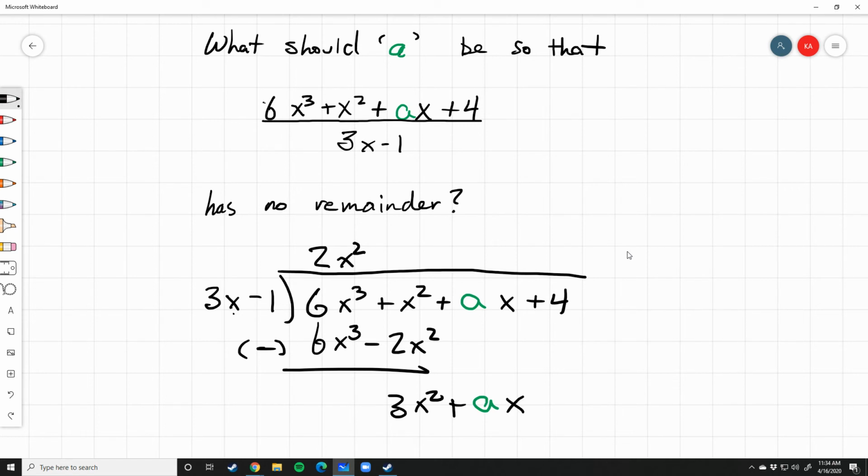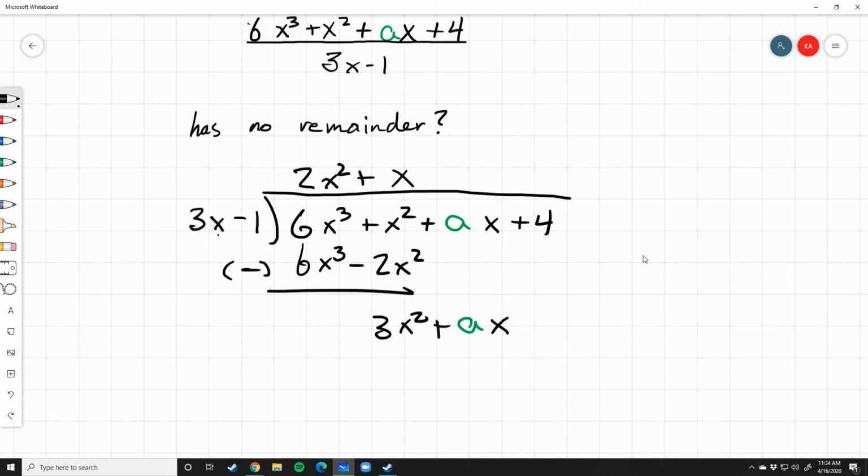So we'll ask like we always do. What times 3x makes 3x squared? Well, x. And we will multiply that by our divisor, and we'll get 3x squared minus x.